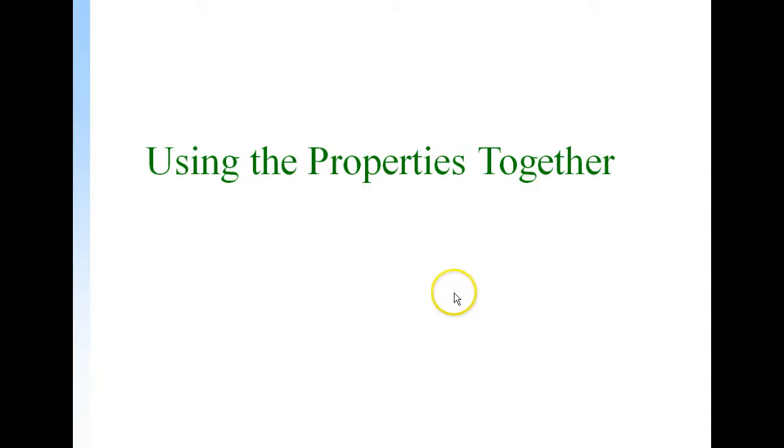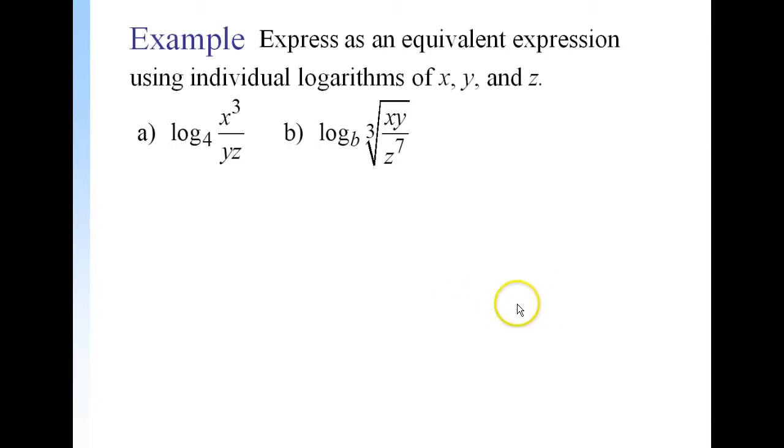Now, using the properties together, we want to write as an equivalent expression using individual logarithms of x, y, and z. So now this is an exponent, 3. So we're going to put that out in front, 3 of log base 4 of x.